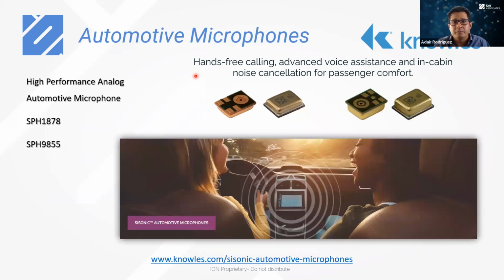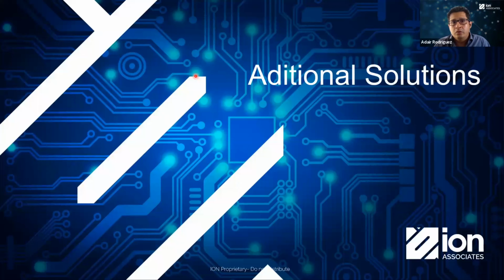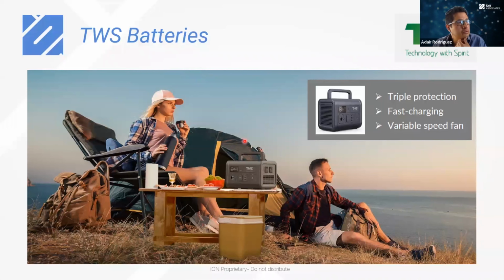With Knowles, we have microphones specifically developed for this market. Also, we already covered the main products that can be implemented into an audio device, but we might find some other technology that can help you in your product. For this kind of external or additional solutions, we have the support of Raul.